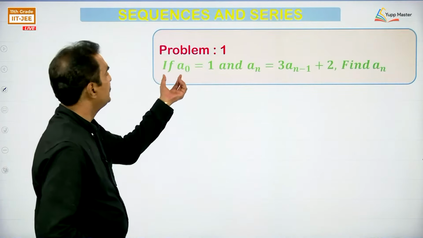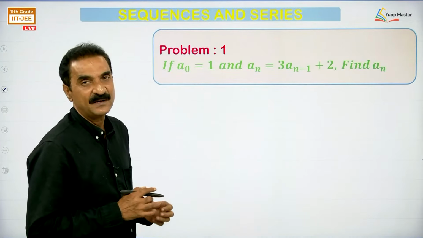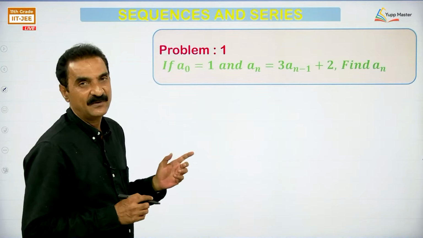Here the first term is given. Usually we denote the first term by T1 or A1, but here the first term is given as A0, and any other term is obtained according to this formula. So the nth term, say An, is 3 into the preceding term plus 2.